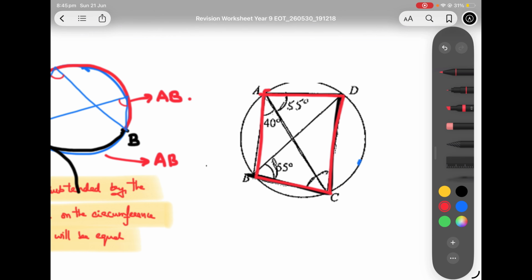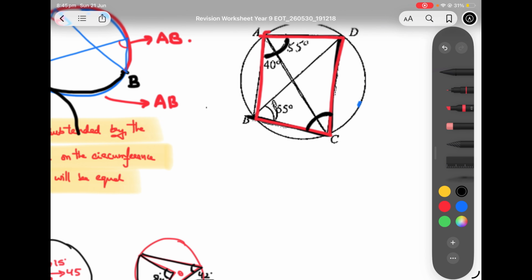So when I have the quadrilateral, I just told you that the opposite angles are going to make 180 degrees. So here angle A plus angle C is equal to 180 degrees, but angle A is 40 plus 55, the complete angle.